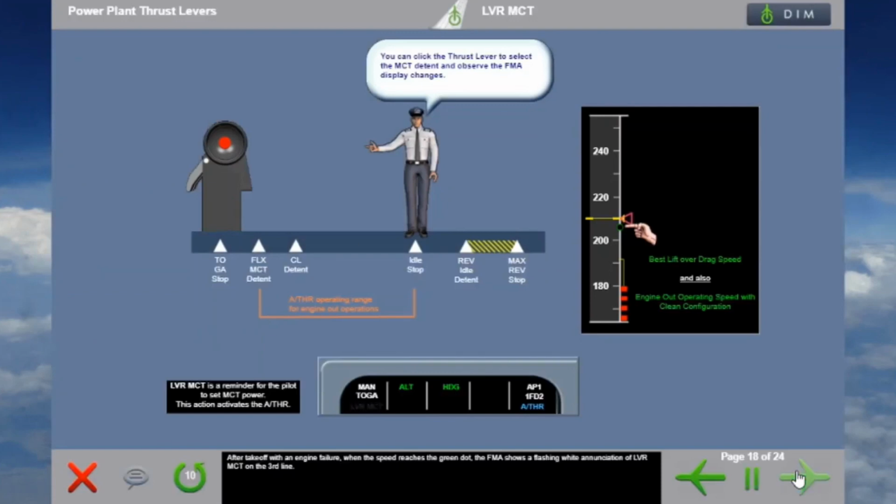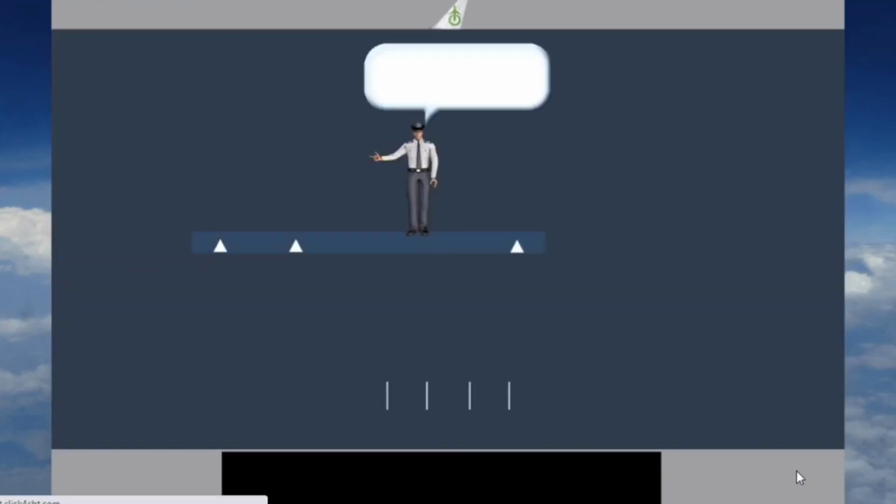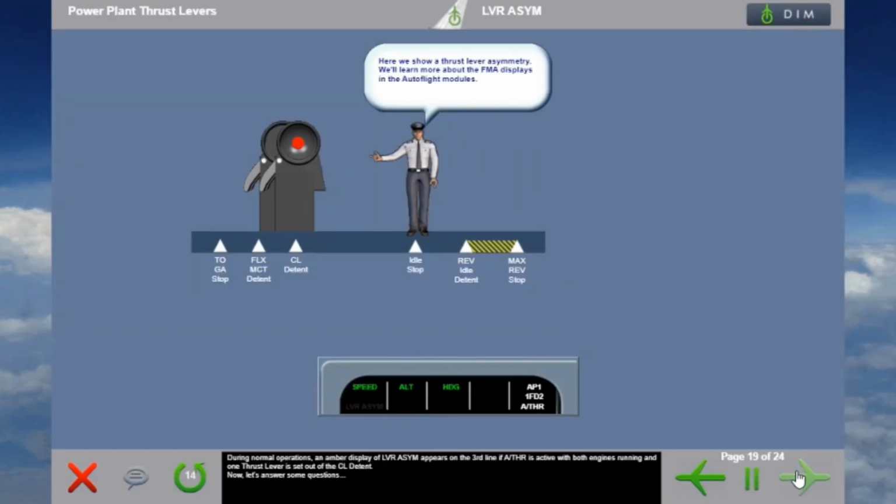After takeoff with an engine failure, when the speed reaches the green dot, the flight mode annunciator shows a flashing white annunciation of LVR MCT on the third line. During normal operations, an amber display of LVR ASYM appears on the third line if auto thrust is active with both engines running, and one thrust lever is set out of the CLIMB detent.